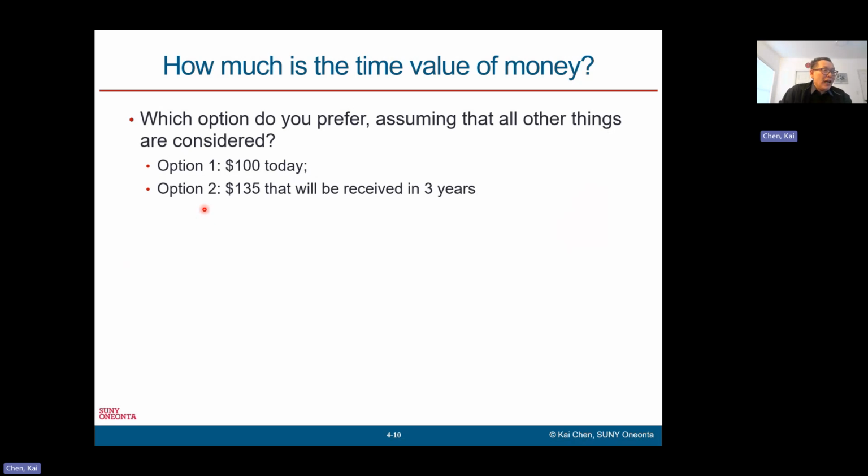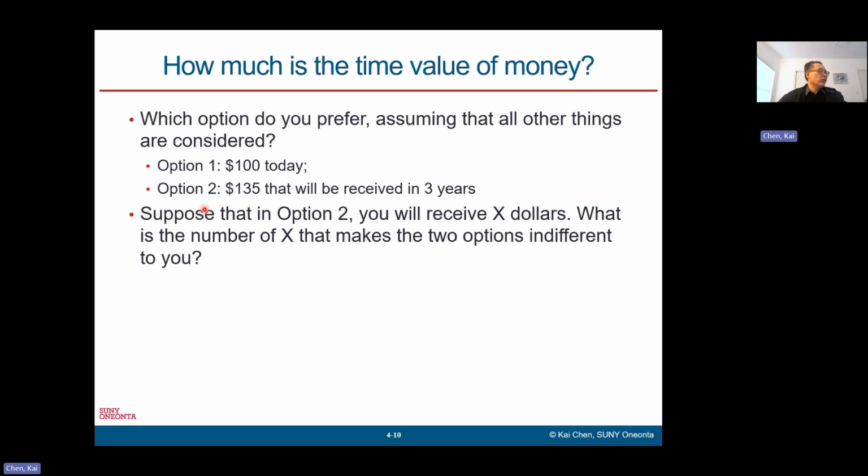Now let's move on. Suppose that in option 2, you will receive X dollars. X is a notation. X represents any number of dollars. What is the number of X that makes the two options indifferent to you?